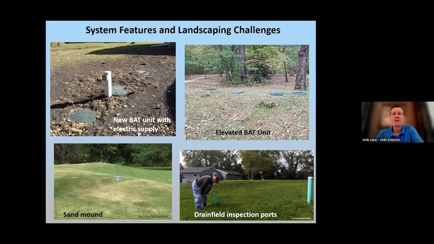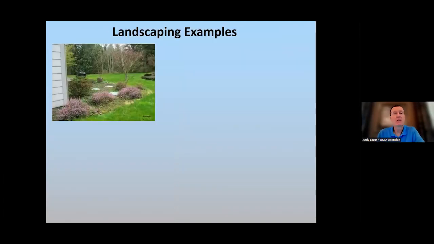So what can you do with these things? So again, you have to look at your system, look at the lay of the land, and determine, well, what can I do to make this a little bit more aesthetically pleasing, create some habitat, some pollinator habitat, for example. So these are some examples here, and you can see the 3 lids here.